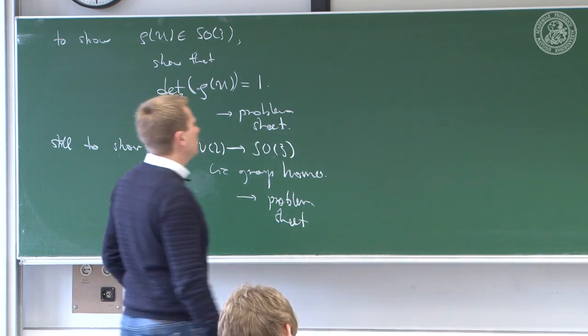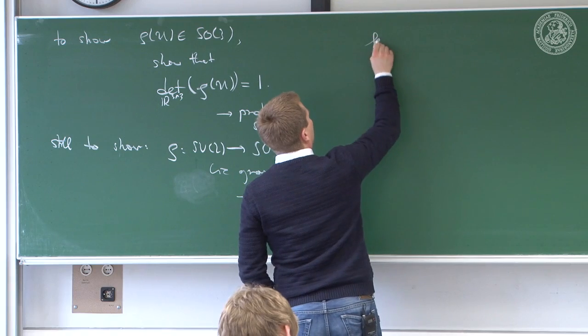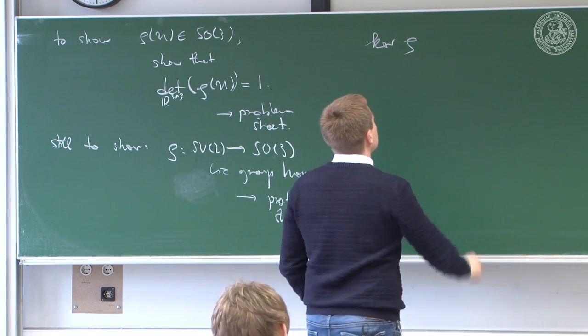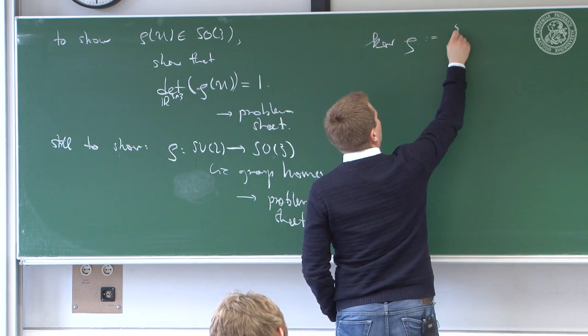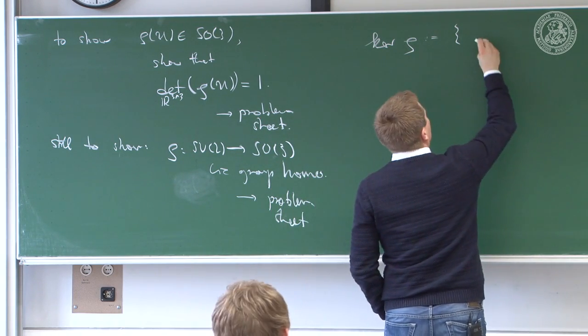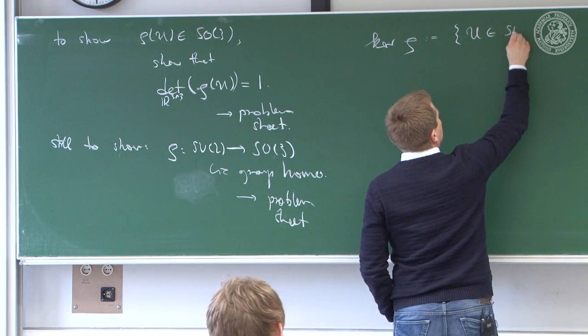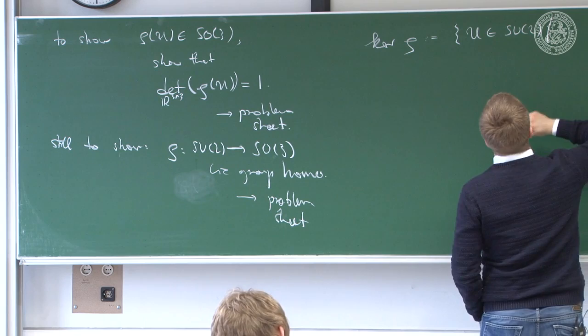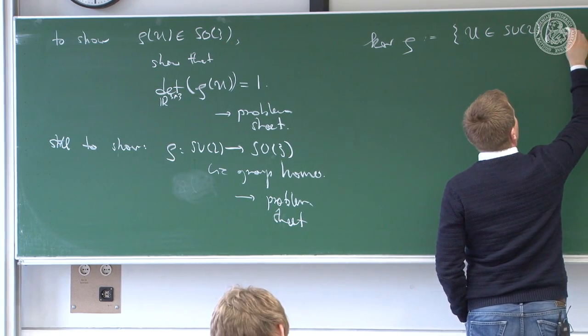And finally, we want to know what the kernel is. What's the kernel of rho? Well, let's look at this. The kernel of rho, those are all elements u in SU2 for which the map we just constructed, rho of u, and what was this map?